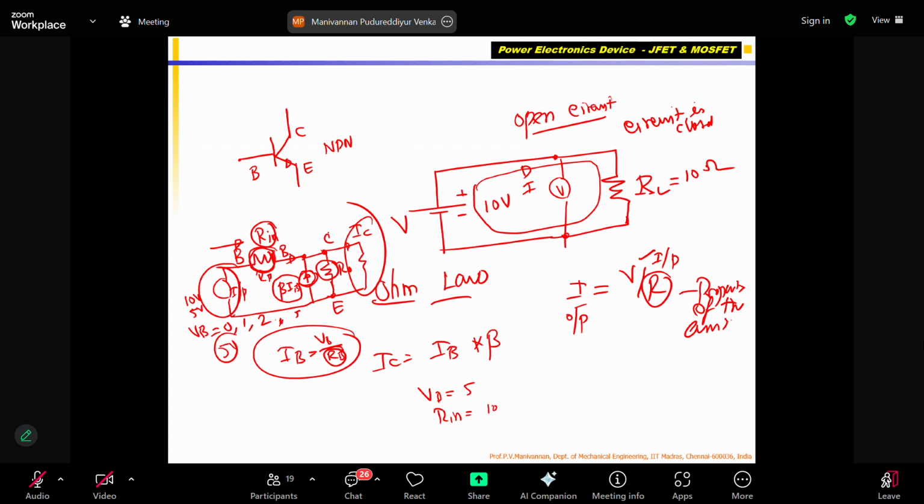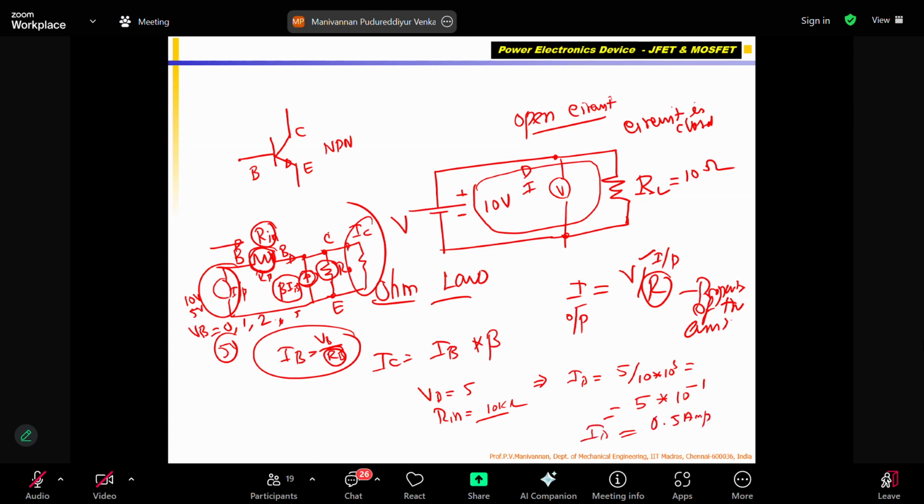He says it is 10 kilo ohms. That means if I give 5 volts and the base resistance of the transistor is 10 kilo ohms, my IB is going to be 5 divided by 10 times 10 power 3. Correct? We can say 5 into 10 power minus 1, which is going to be this much current flowing.